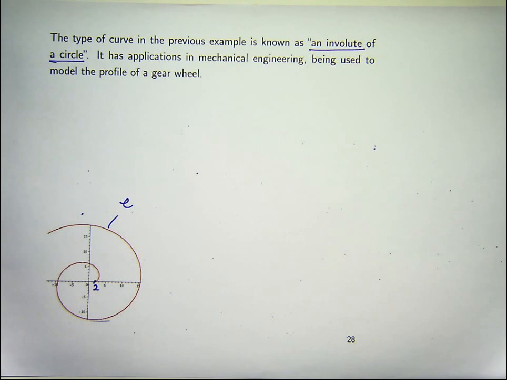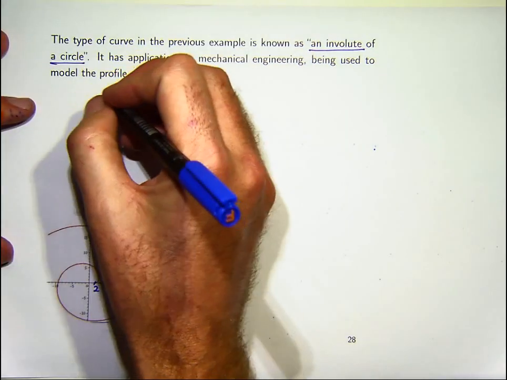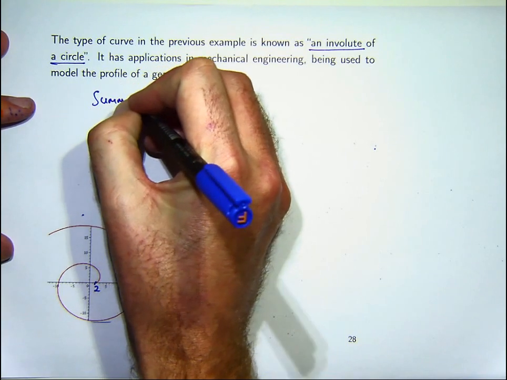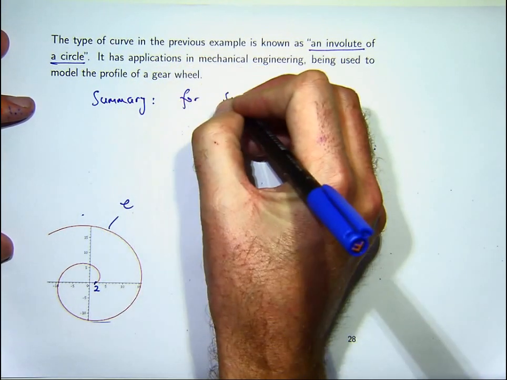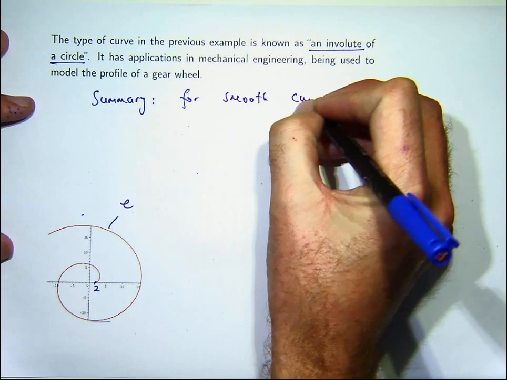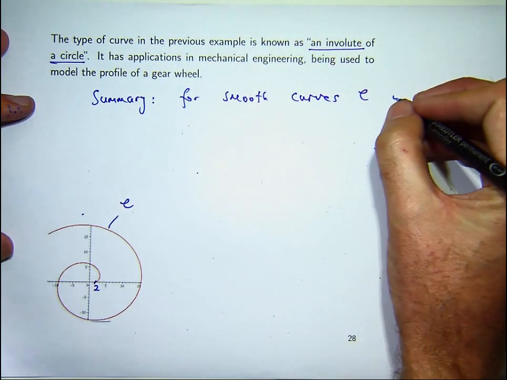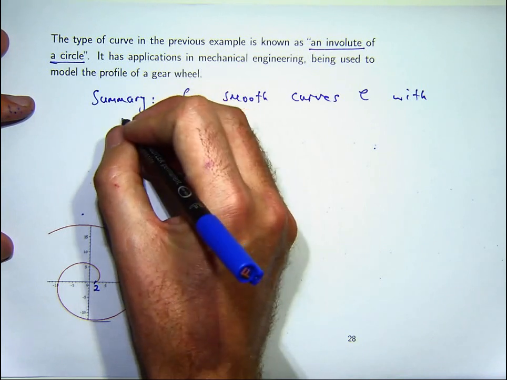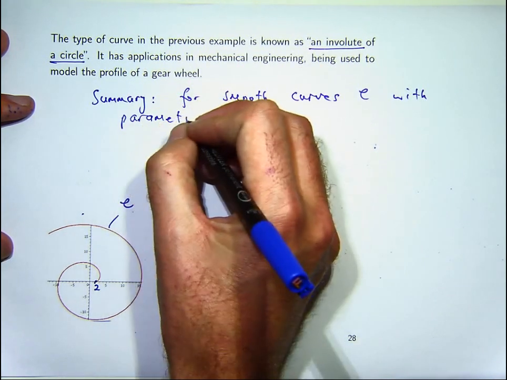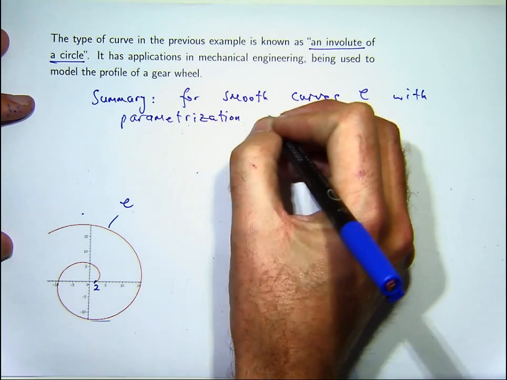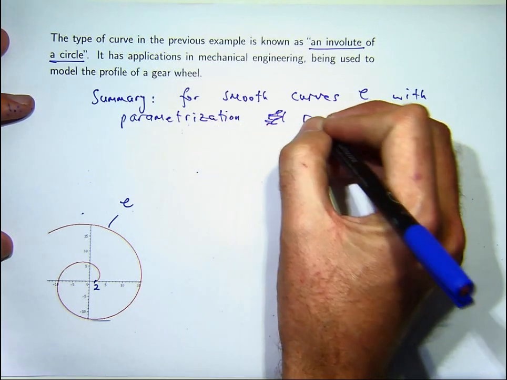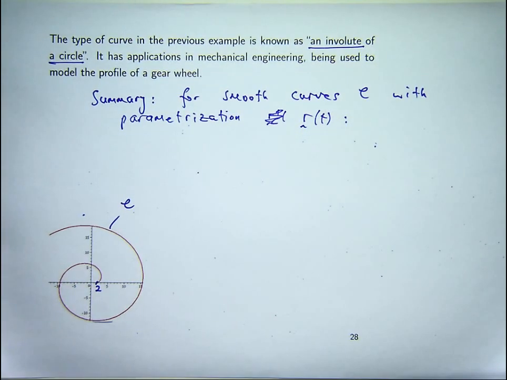Now, just a couple of basic points to summarise. For smooth curves, C, with parameterization, R of t. Remember, when I talk about smooth curves, I mean R dash, the derivative of R, is continuous and never the zero vector.